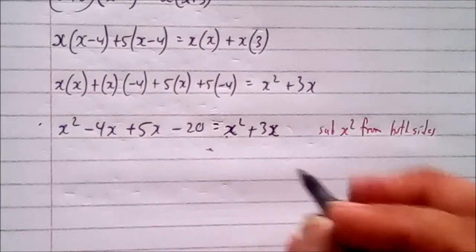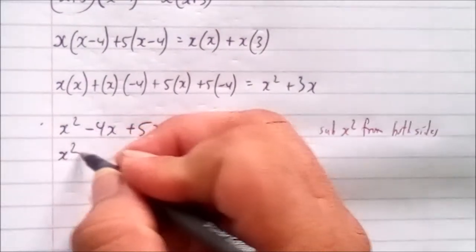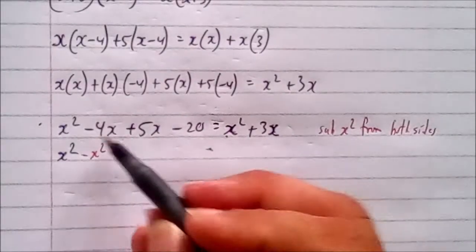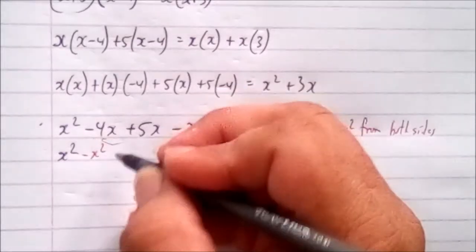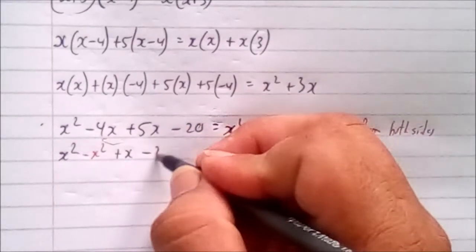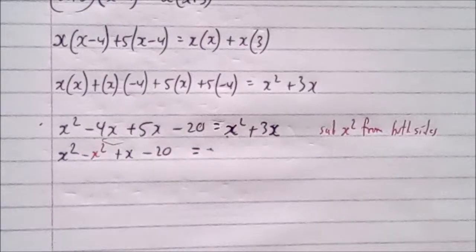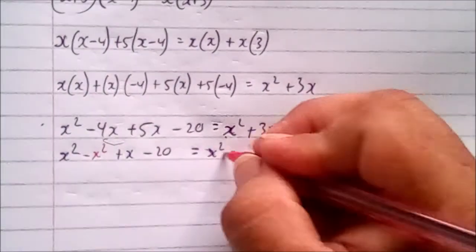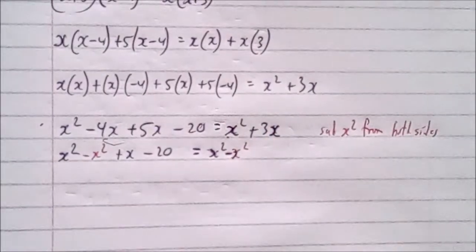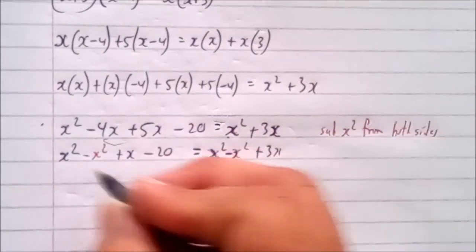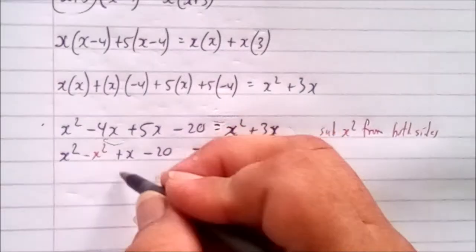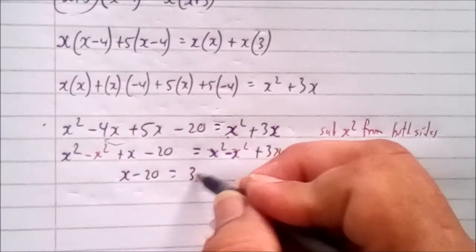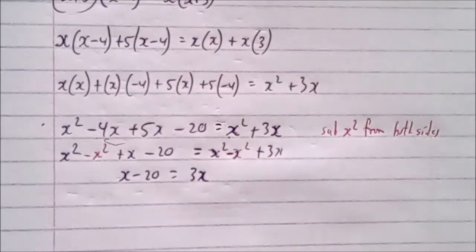So we end up now with x squared minus x squared, negative 4x plus 5x will give me plus x, minus 20 equals x squared minus x squared plus 3x. They'll go away, leaving me with x minus 20 equals 3x. Okay, so we end up with that now.